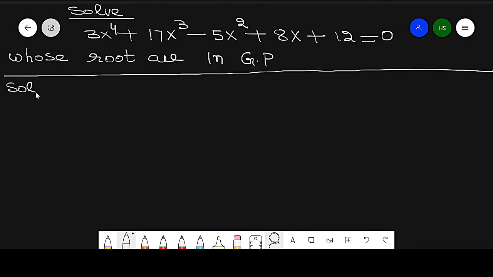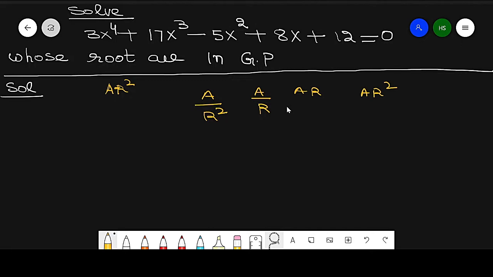Solution. So what is the GP, which is a/r, a, ar? Taking the square, if it is a/r, this is a/r squared.